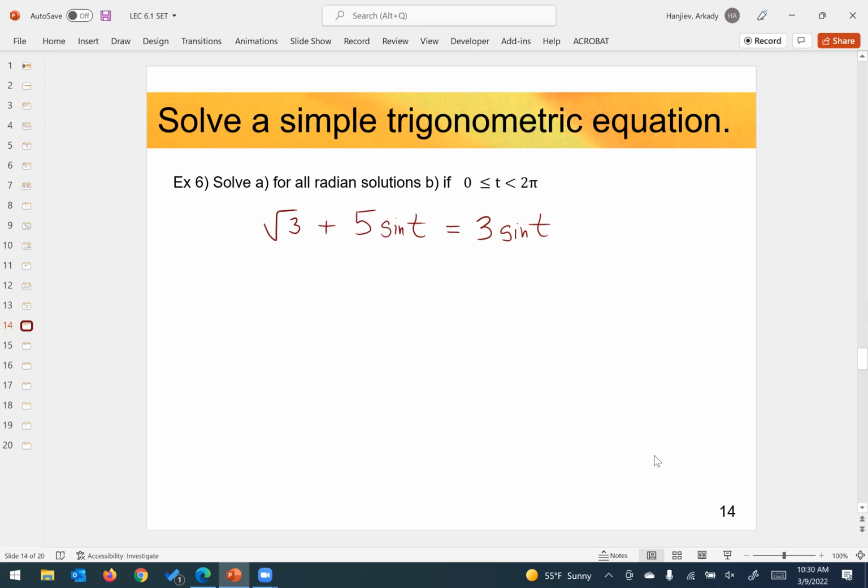Yeah, let's have a vote here. How many say subtract? I'll give you two options here: do this way, or just set it equal to 0, or do this way where we get the sine by itself on the other side.